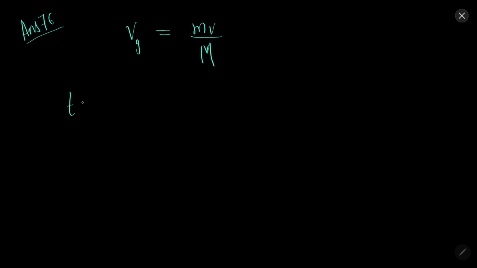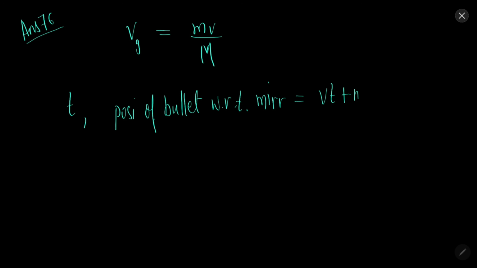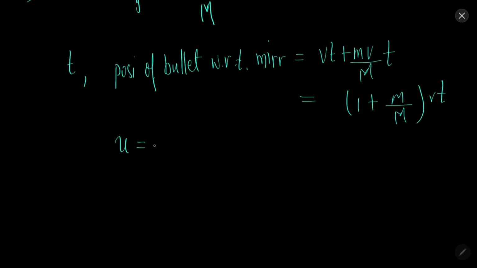So at any time t, position of a bullet with respect to mirror can be written like vt plus mv over m into t, 1 plus m over m into vt, u equal to minus (1 plus m over m) vt, kvt.